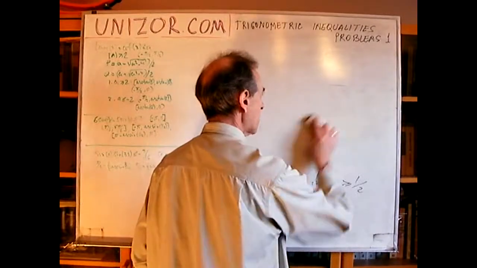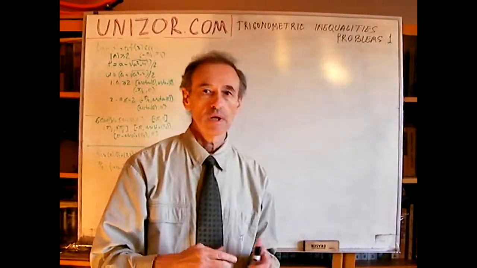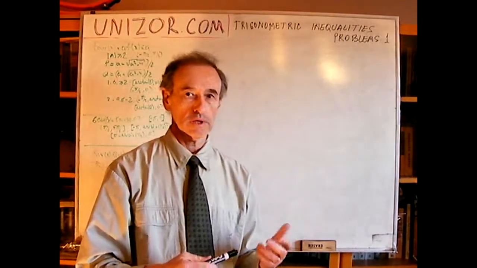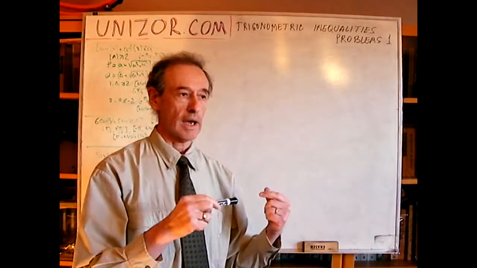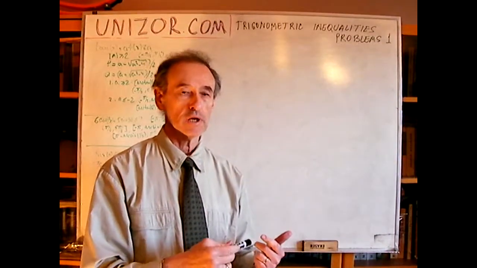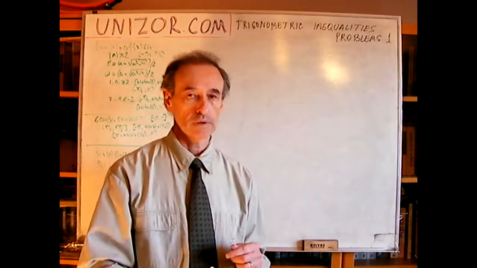By the way, in this case, as in the previous case, I have reduced my original inequality, which involved different trigonometric functions, to a quadratic inequality in terms of one particular trigonometric function.